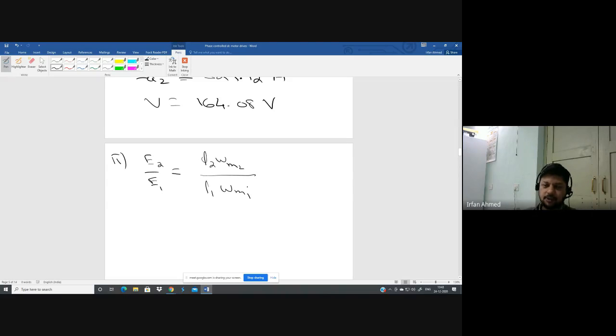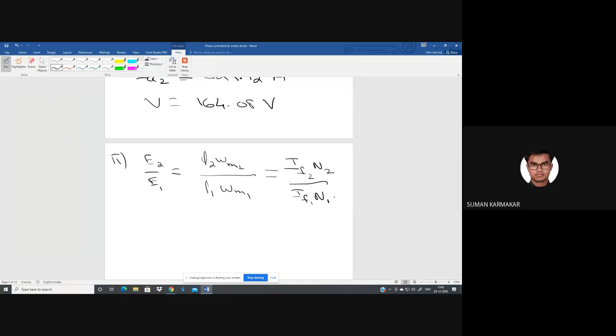And back EMF is proportional to flux into speed. So E2 by E1 will be equal to phi 2 omega M2 upon phi 1 omega M1, which can be written as, instead of phi, we can take the field current, instead of omega, we can take N, IF2 N2 by IF1 N1. Okay, is this clear?